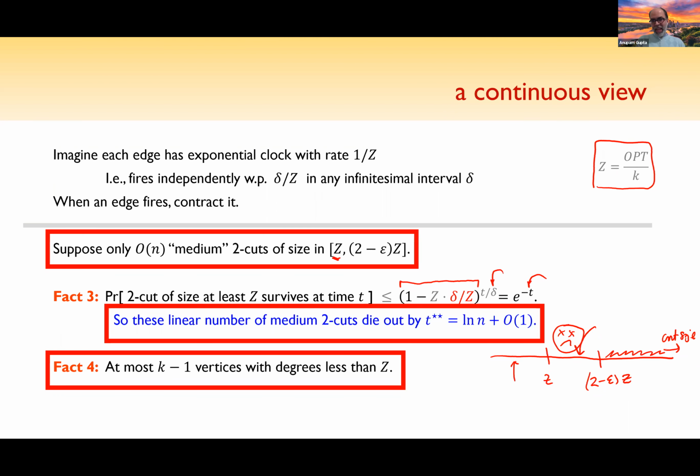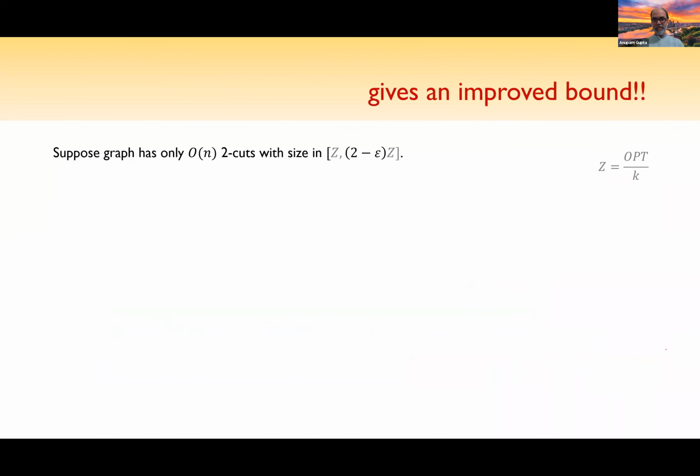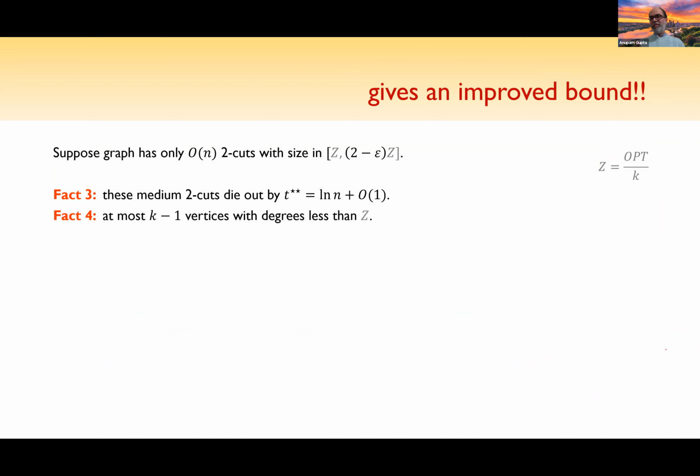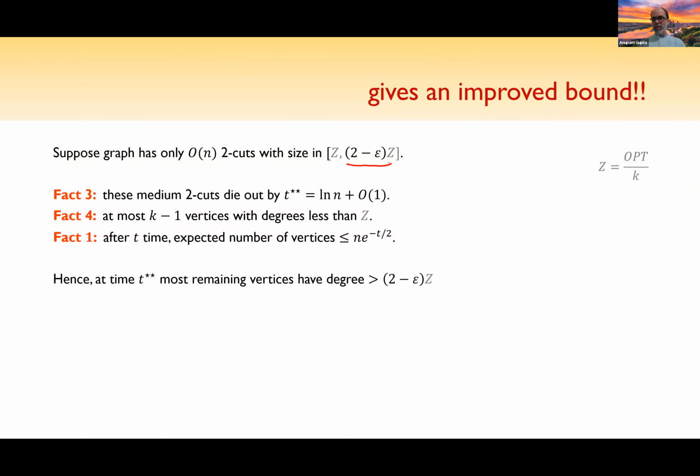And I'll do the calculation on the next slide, but really none of this should be a surprise to you. So suppose the graph has only a linear number of medium cuts. These medium cuts die out by time log n. There are very few vertices with small degree. So every vertex has large degree, apart from k of these. Who cares? So after t time, the expected number of vertices is e to the minus nt over 2.